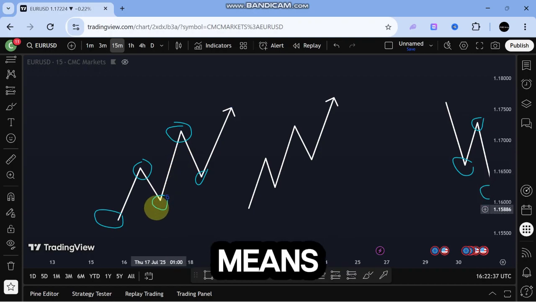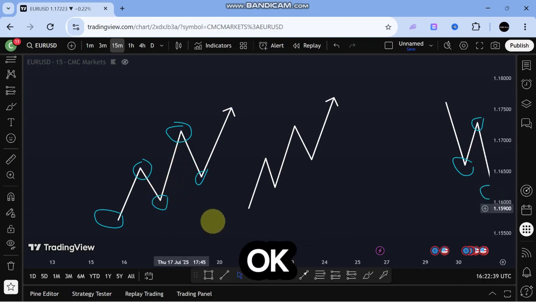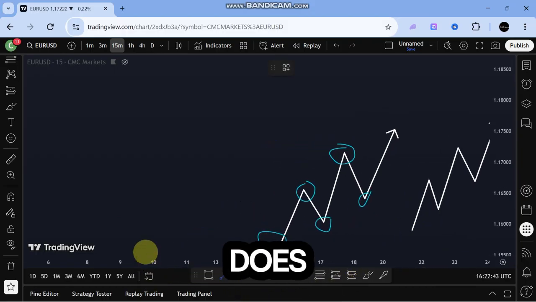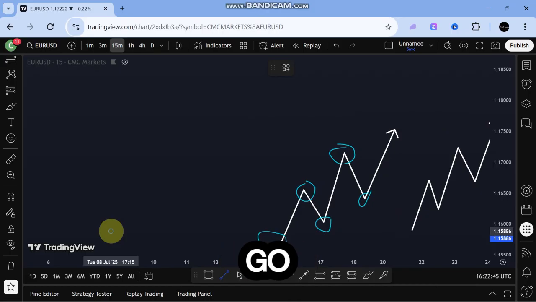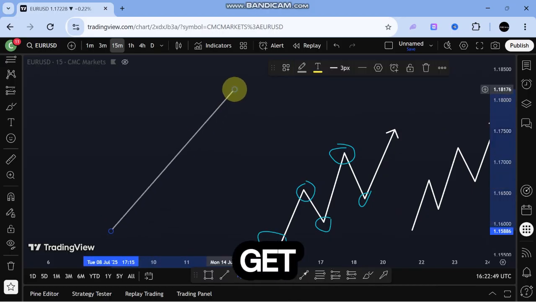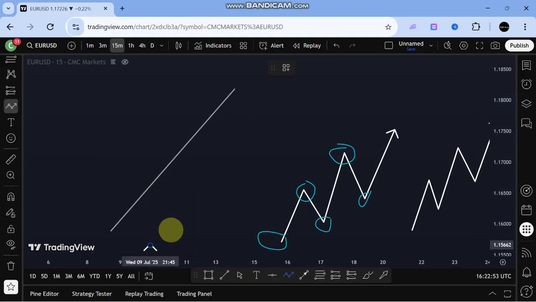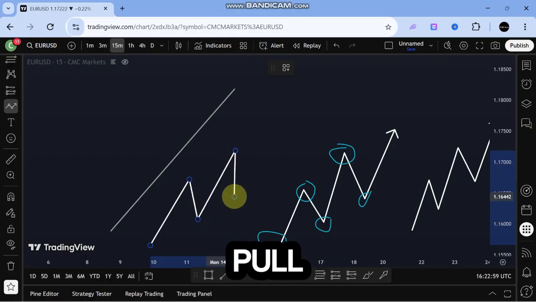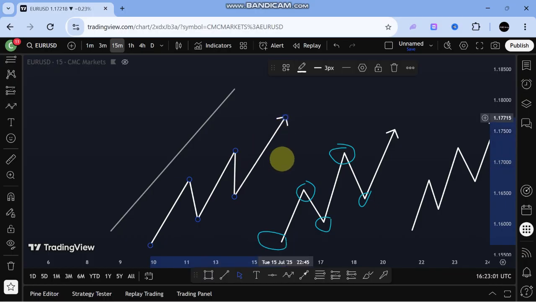Before I talk about break of structure, you agree with me that if we're in an uptrend, price does not just go up straight in a straight line. No, there will always be an upward movement, then a pullback, and another upward movement again.